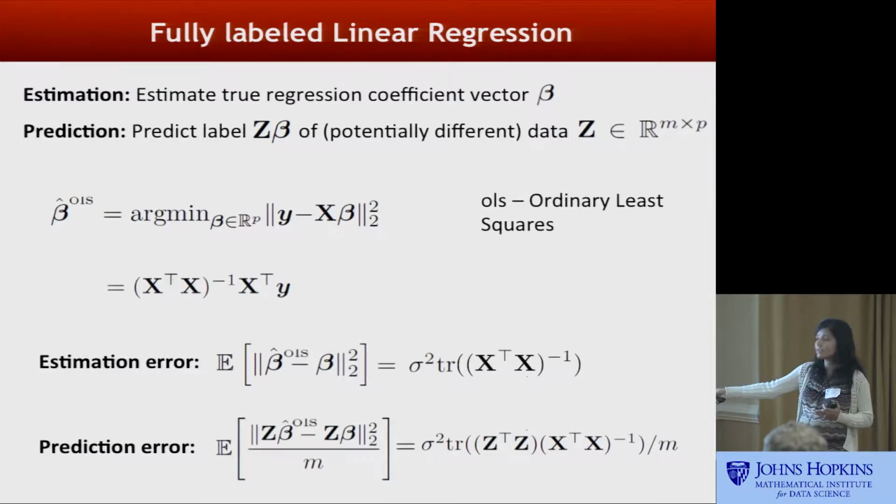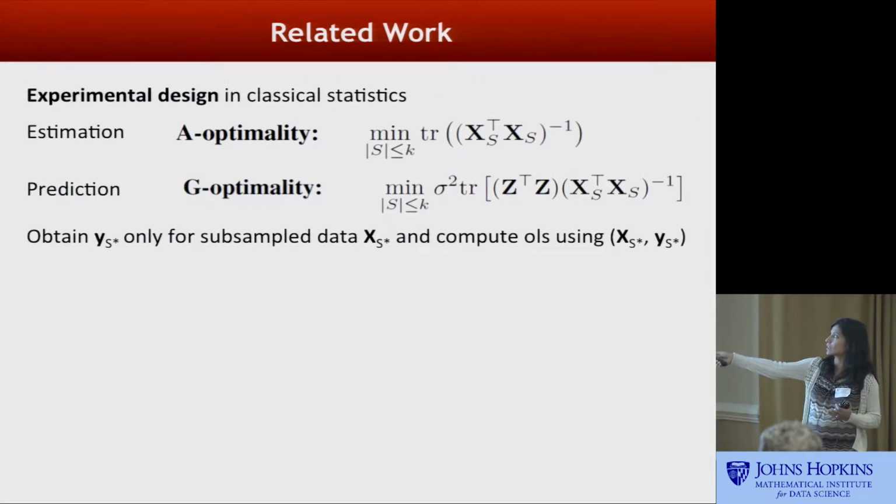So instead of the full x, I compute it over a subset of k rows of x. And I just pick the best set of k rows. So I have S, which is the subset of rows I've chosen, for which I'll collect the labels. And I'm just saying minimize this error over all subsets of size k.